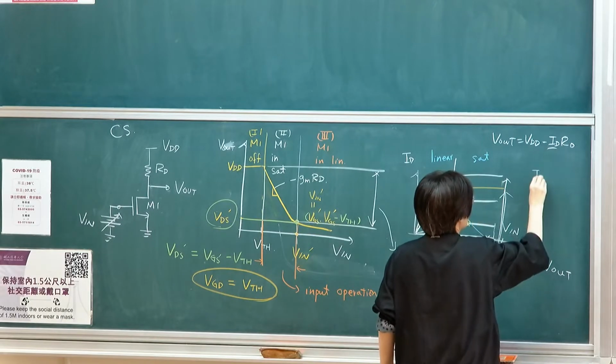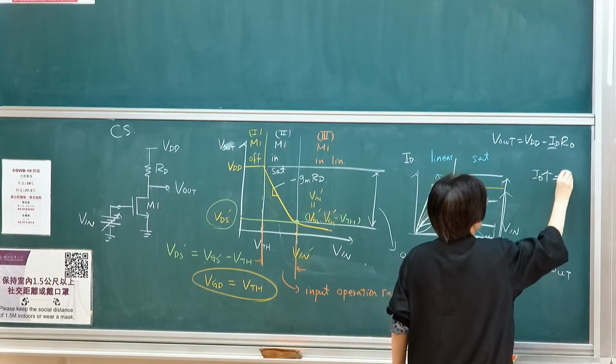So as ID increases, what happens is that my Vout drops.